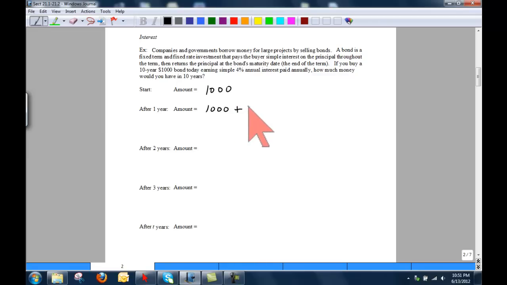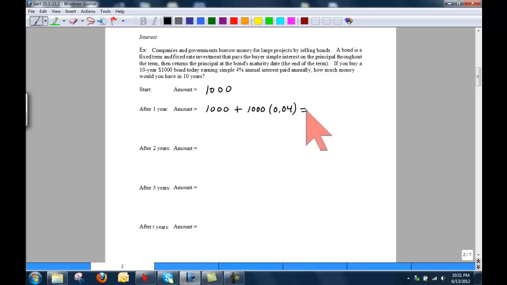And then you've earned 1 year's worth of interest on that $1,000. So you're investing $1,000 at 4% interest, so times 0.04. So this is the principal. This is the amount of interest that the government is going to pay you at the end of the first year. And rather than work out what this number is, let me mathematically manipulate it.